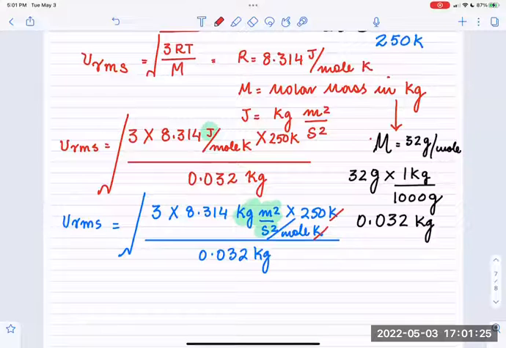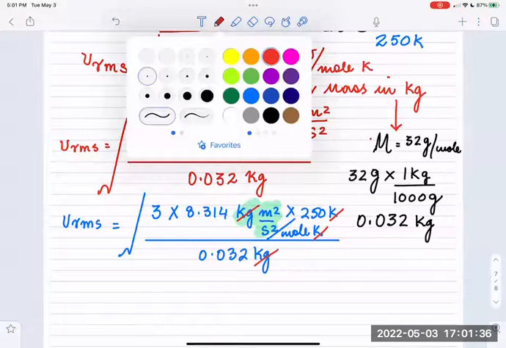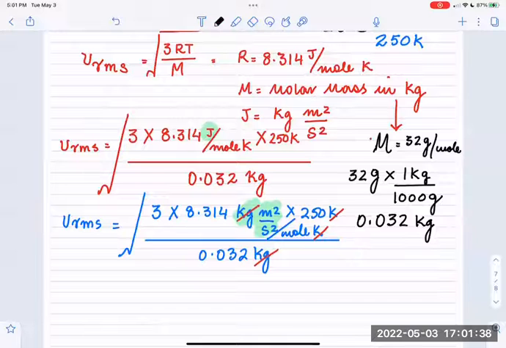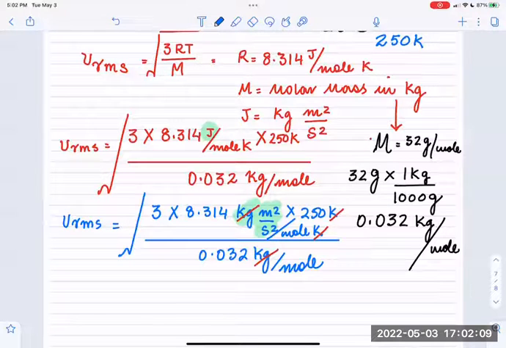So K and K get canceled, and the moles also cancel out because the molar mass is in kilograms per mole. Kilograms and kilograms cancel out.